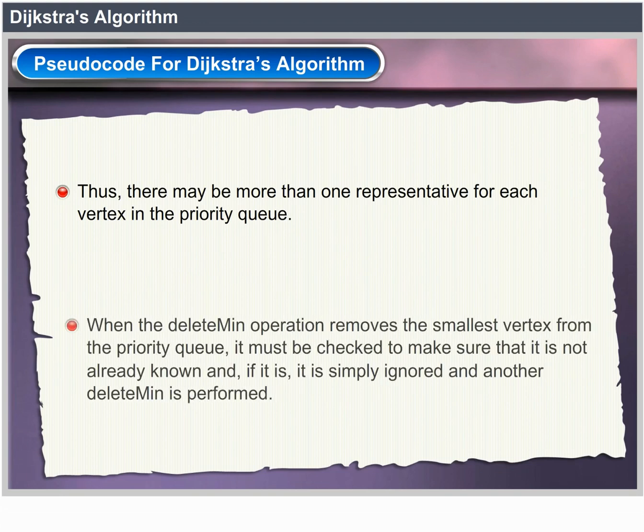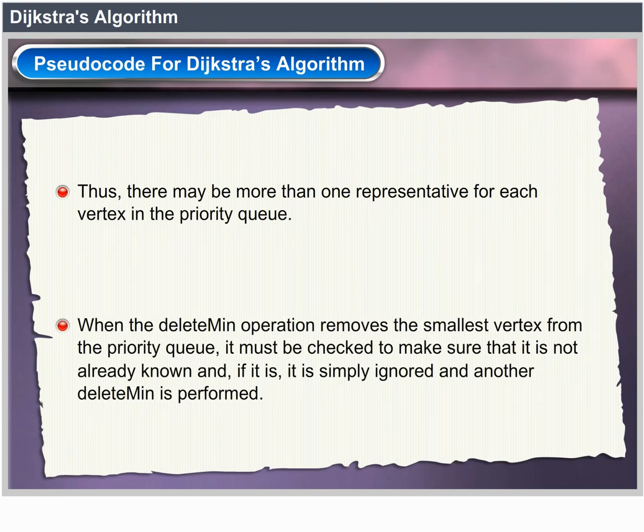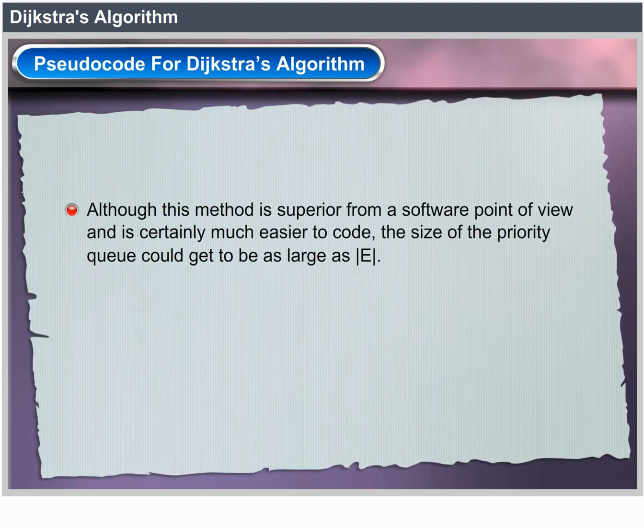When the deleteMin operation removes the smallest vertex from the priority queue, it must be checked to make sure that it is not already known, and if it is, it is simply ignored and another deleteMin is performed. Although this method is superior from a software point of view and is certainly much easier to code, the size of the priority queue would get to be as large as |E|.